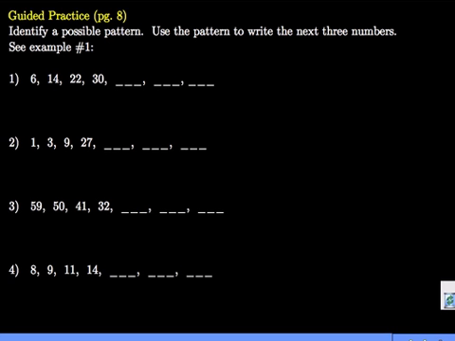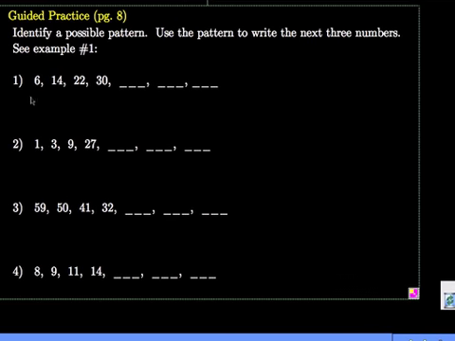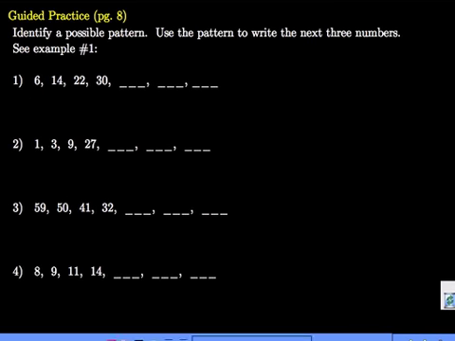When we start out looking at problem 1, we notice that to get from 6 to 14, I have to add 8. Once again, to get from 14 to 22, I also add 8.